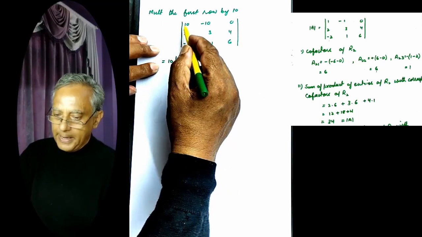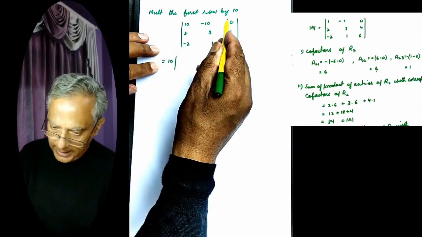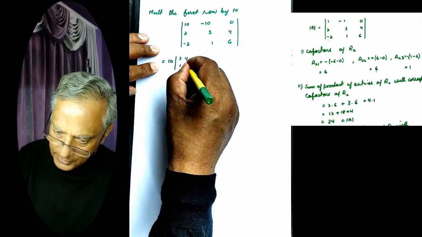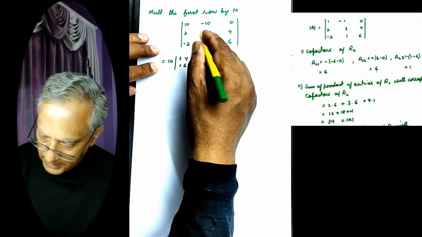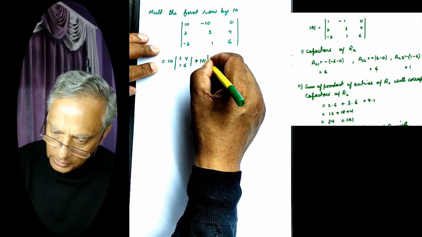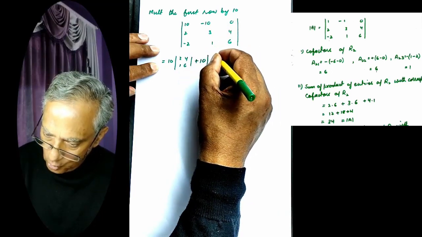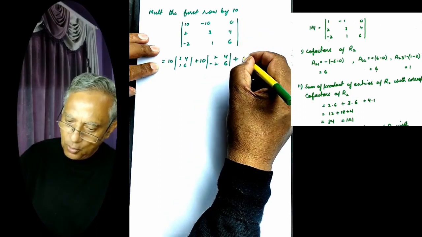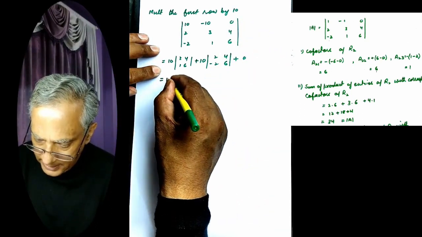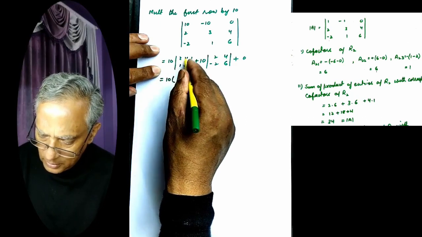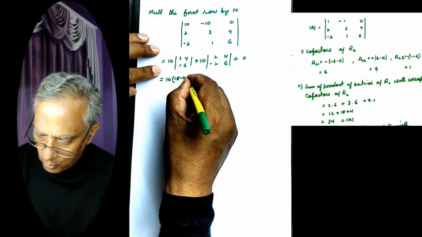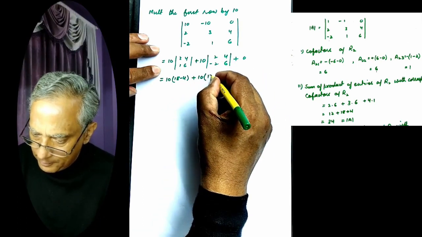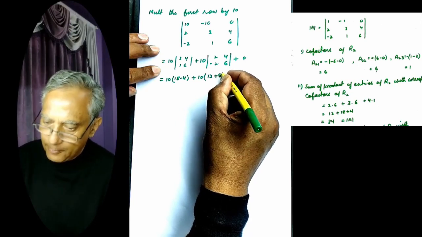So we will see, this is 10 into, I am expanding it from R1. So 10 into, this is gone, we are left with 3, 4, 1, 6, minus, so minus plus 10 into, this is gone, this is gone, we are left with 2, 4, minus 2, 6, plus this will be 0. So this is equal to 10 into 18 minus 4, plus 10 into, this will be 12 plus 8.